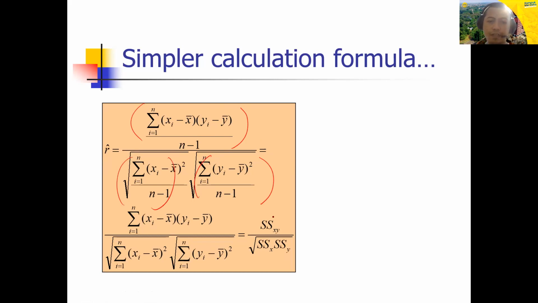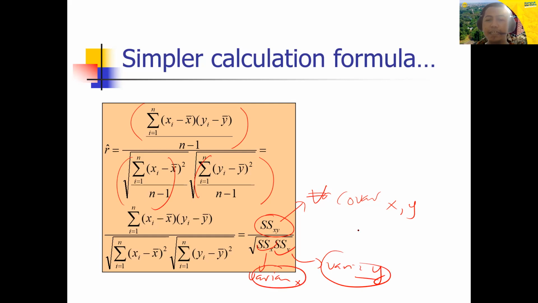We have the covariance of x and y, and this is the variance of x, and this is the variance of y. We can simply compute these directly from data.